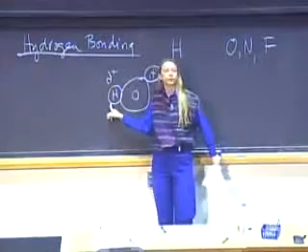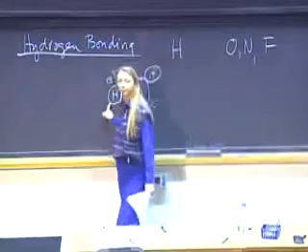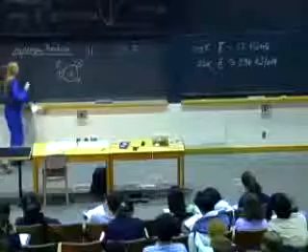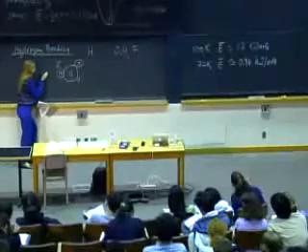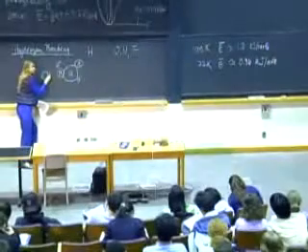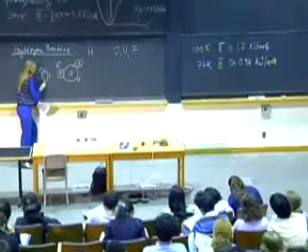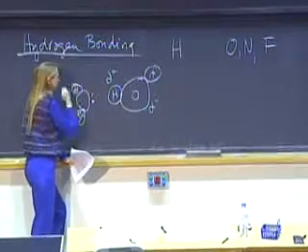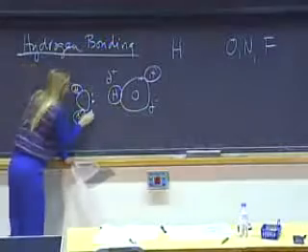Well, because that hydrogen is partially deshielded, and because it's really small, this hydrogen will actually see the oxygen atoms on a neighboring water molecule.